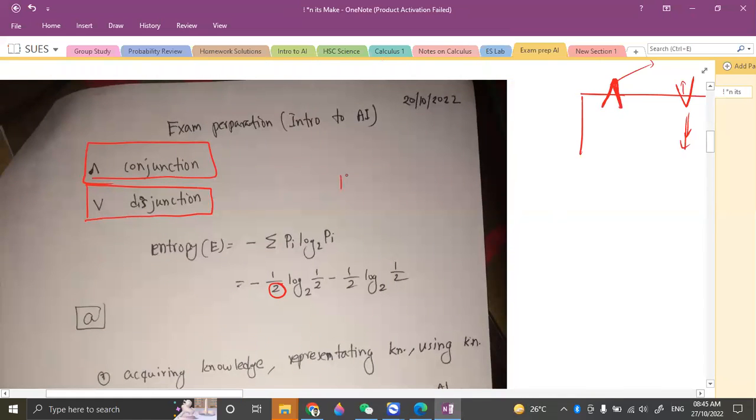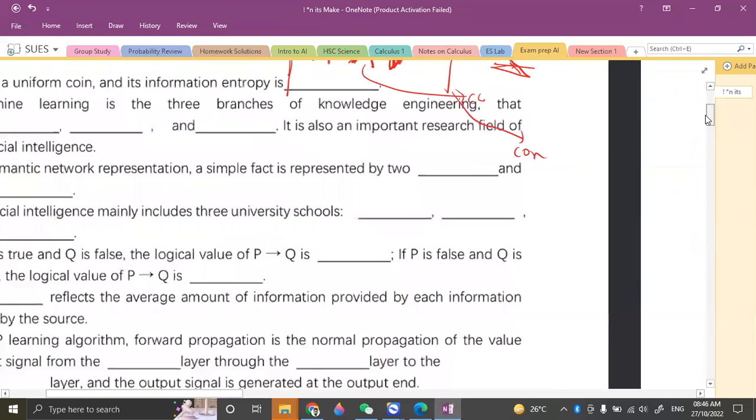Out of two, we can have head, that means one result, so log base 2 of 1 over 2 for head, and again minus 1 over 2 log base 2 of 1 over 2 for tail. Is this clear? Like how we calculate the decision tree? Okay. Now the third question here.